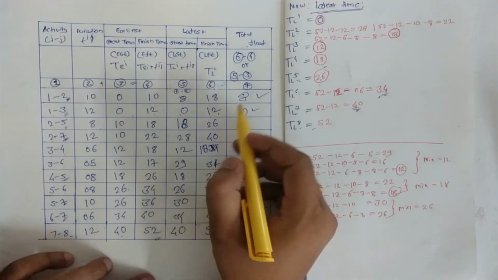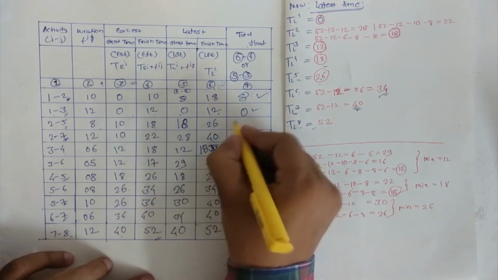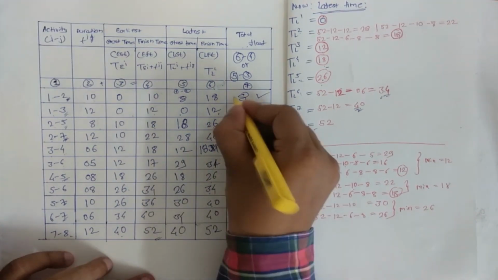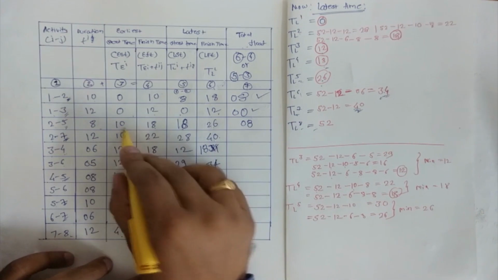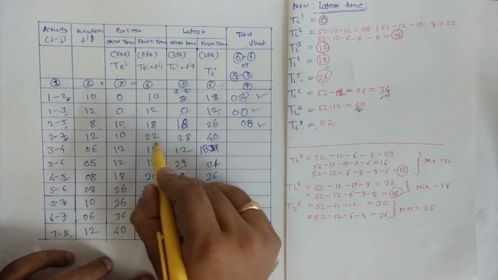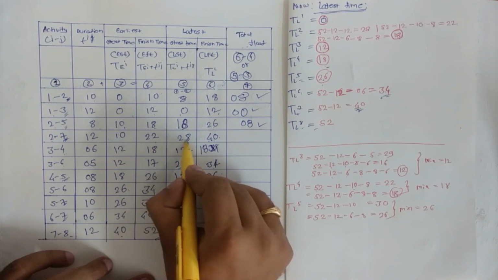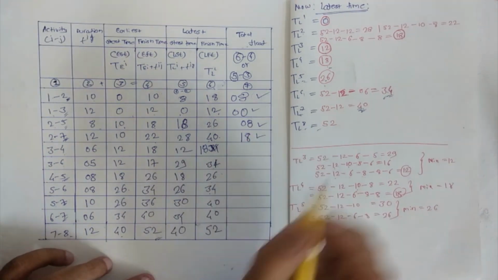All right, then 26 minus 18, which is 8, and 18 minus 10, it is 8, it is correct. Then 40 minus 22, it is coming out to be 18, and 28 minus 10, it is 18, correct.